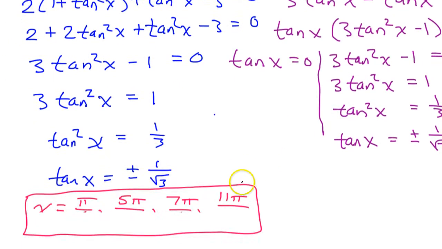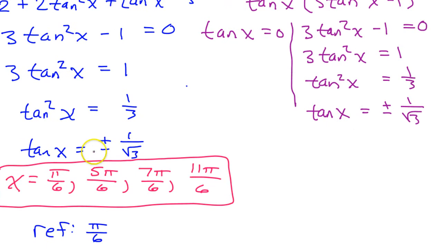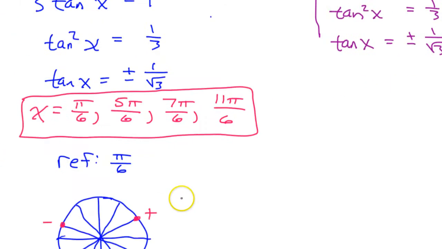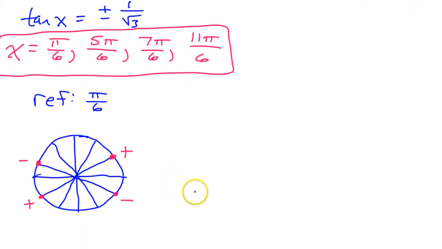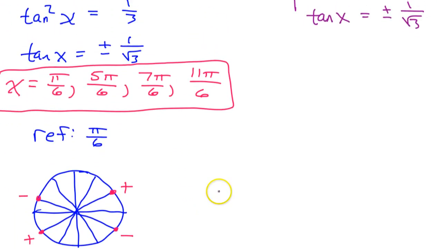Now, I feel like I shouldn't have to do this again because we just did tangent x is equal to plus or minus 1 over radical 3 on the previous problem, this exact same thing. So of course we're going to get the same answers again. So I'll just refer back to it again just in case you skipped to this part of the video. We know that tangent of pi over 6 is 1 over radical 3.